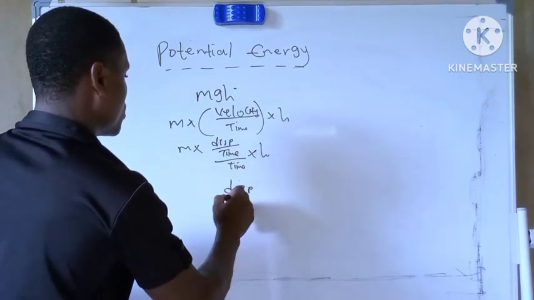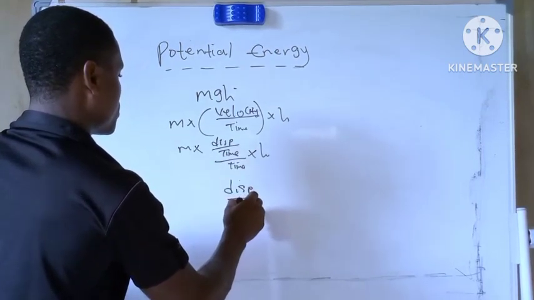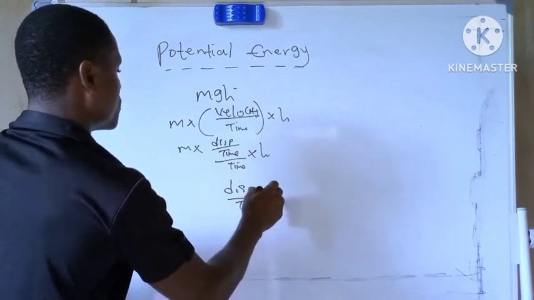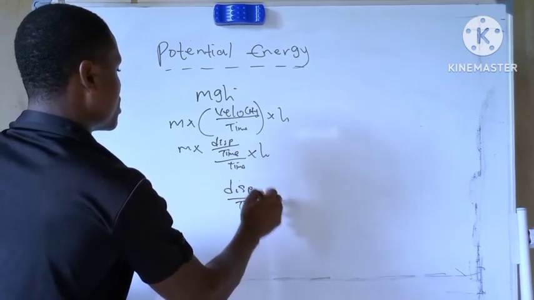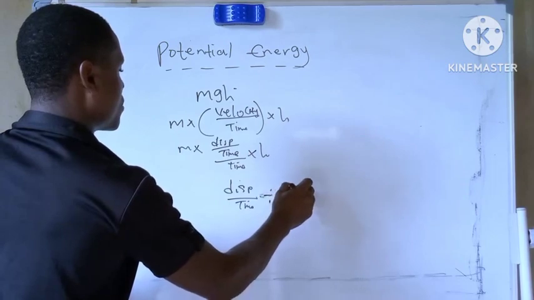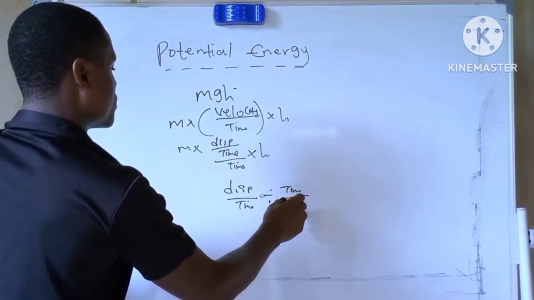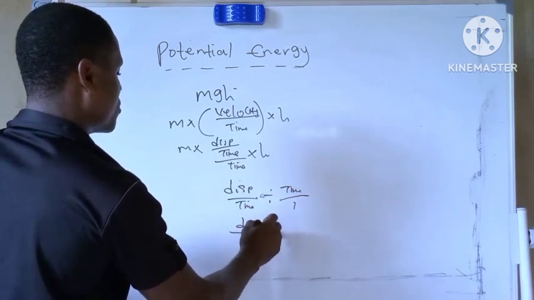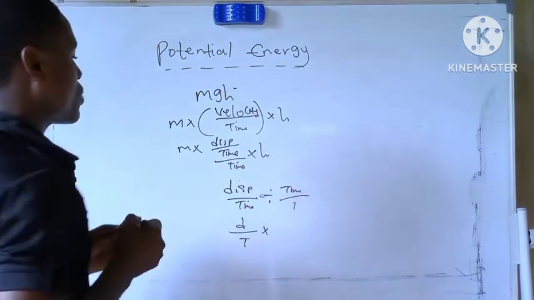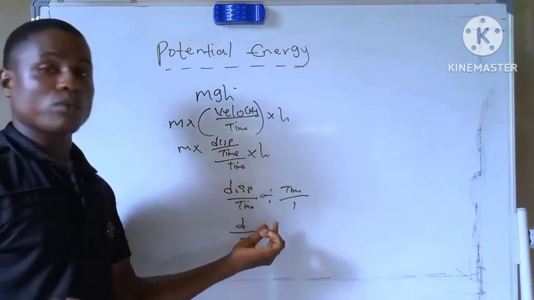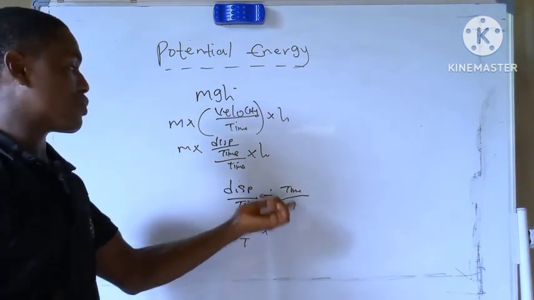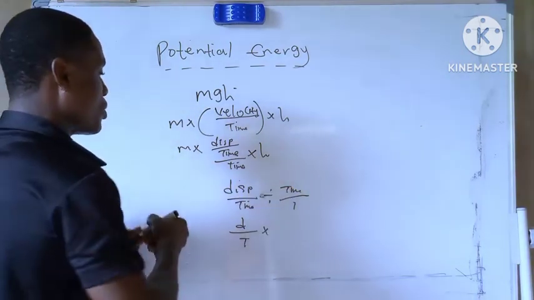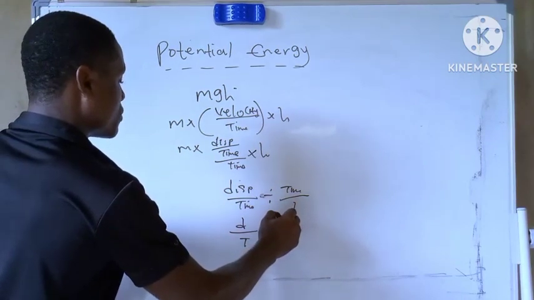Write the displacement all over the time divided by time all over 1. So we have displacement all over time multiplied by, so this sign of division will change towards multiplication when we change these two quantities.